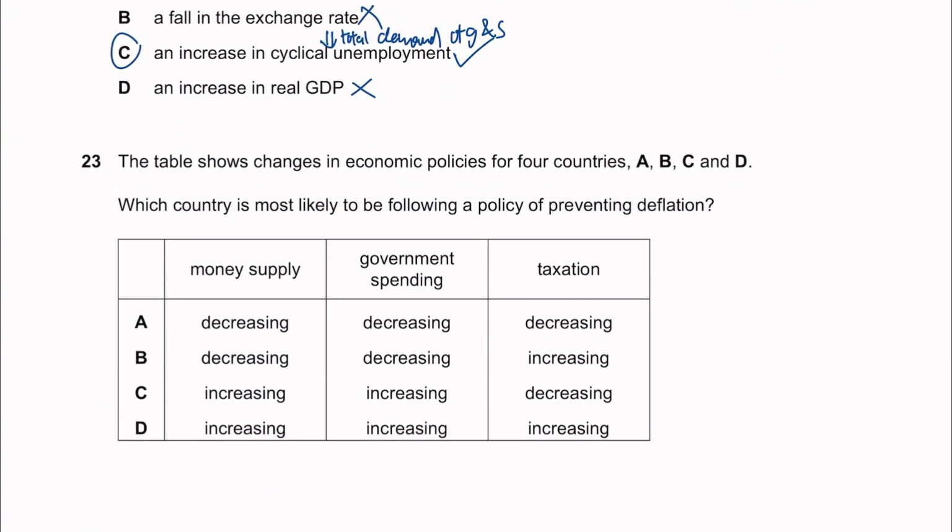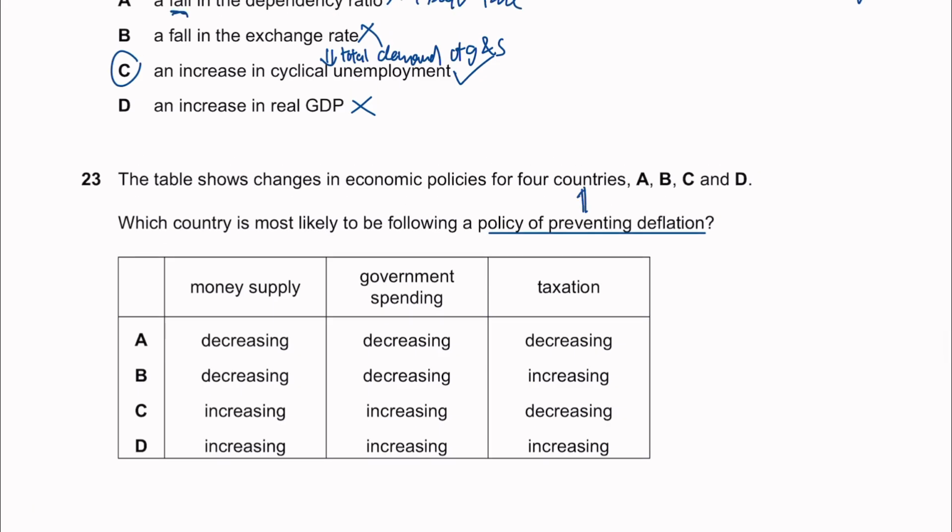Four countries, A, B, C, D. Which country is most likely to be following a policy of preventing deflation? So the policy must aim to increase the demand in the economy. Let's not look at money supply first.